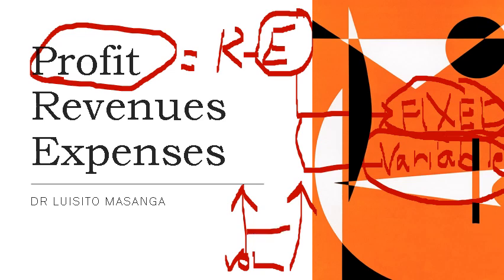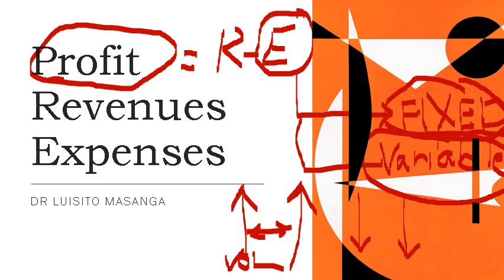So they are directly proportional. If you decrease your volume, your variable expenses also decrease. Examples of fixed expenses are rentals, electricity, water, the salary of your employees, and insurances.